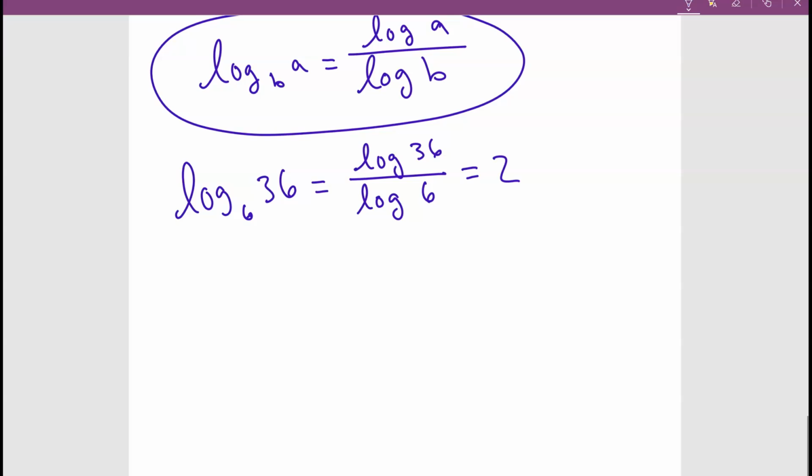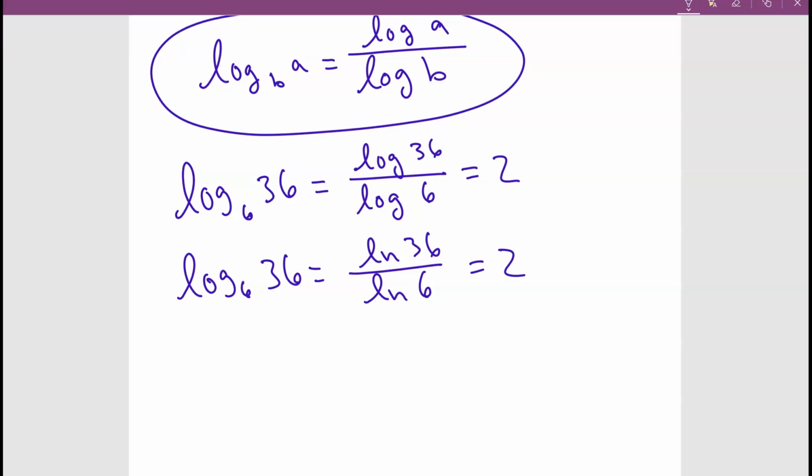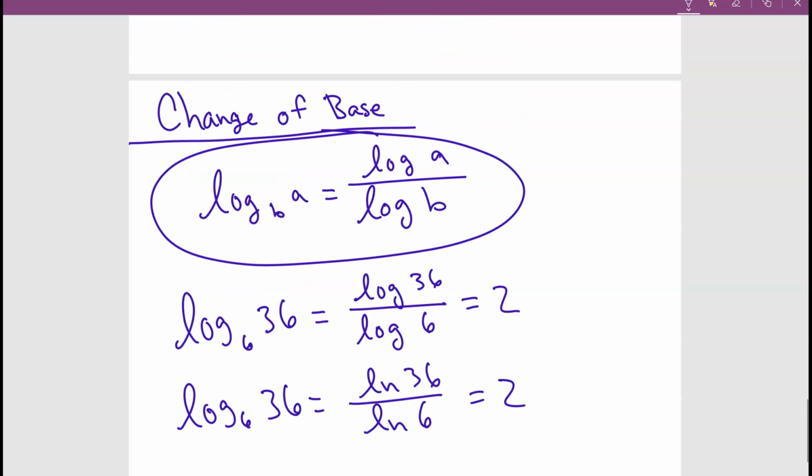You can do the same thing with ln: the ln of 36 divided by the ln of 6, and you'll still get 2. So you can use any base that you want. This is more of an FYI, just in case there's a particular logarithm that you don't know what it is, and you know you should reduce it, but you don't have the fancy calculator. You can always use the change of base formula. Okay.